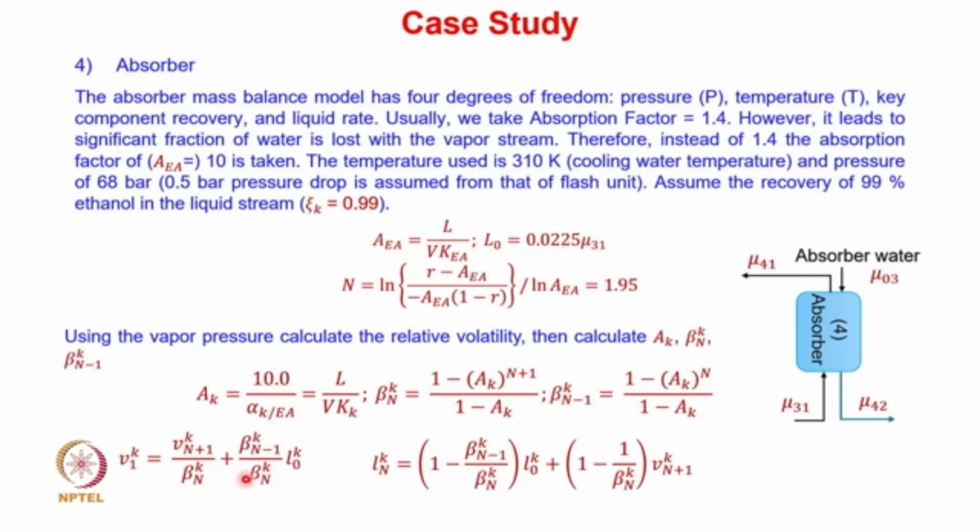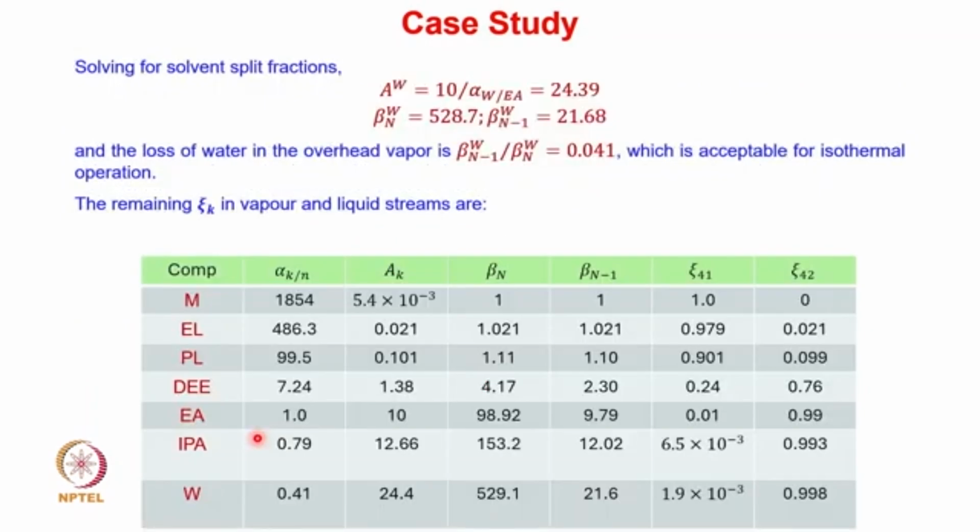So you can see that in this particular equation, Bn minus 1 by Bnk is nothing but the fraction of the vapor split, isn't it? So in this way we can obtain the split fractions directly. So with this, you can see that now, based on the vapor pressure, we can calculate in this case the relative volatility.